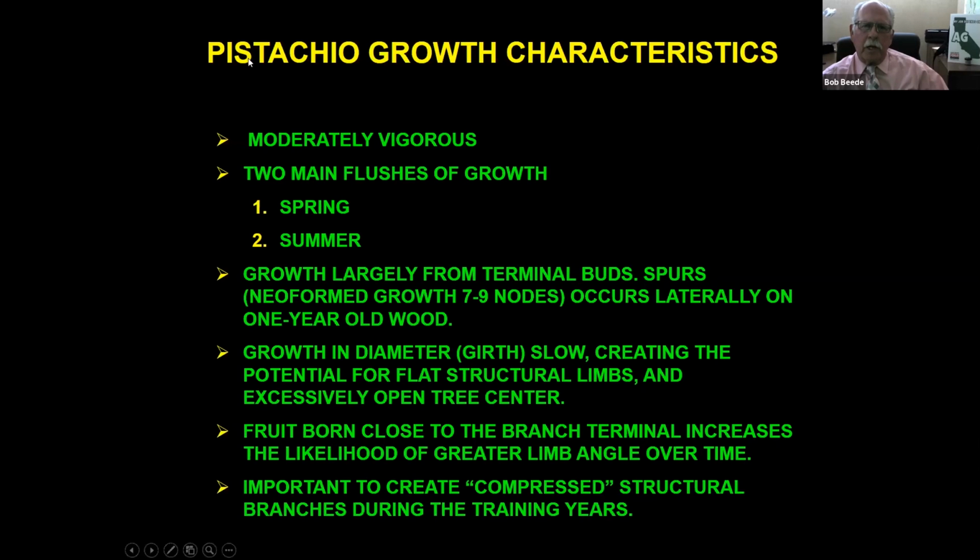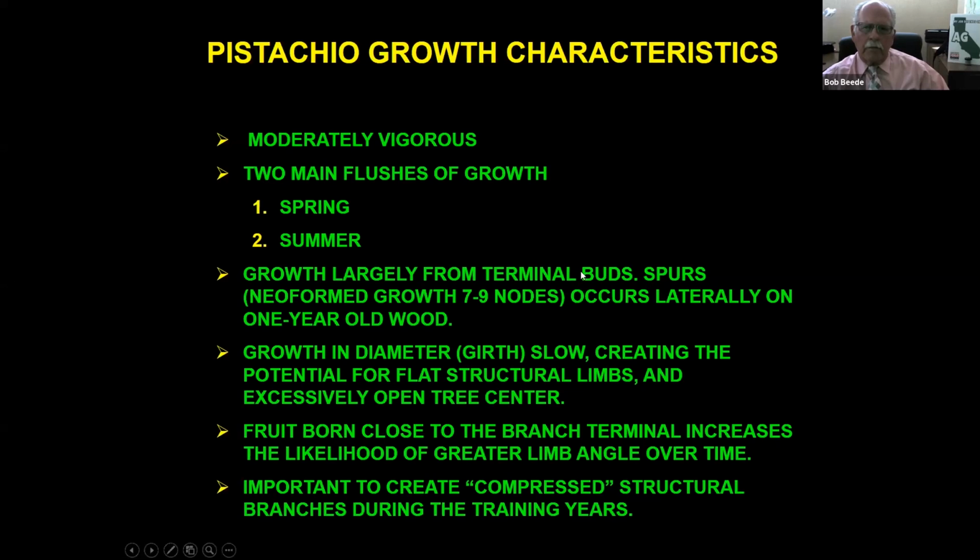So let's look at the pistachio growth characteristics. They're moderately vigorous, and actually the vigor has greatly improved with the interspecific hybrids, with the Platinum and the UCB1 parentage. We've gone a long way from Atlantica, and that allows us some greater opportunities to consider the central leader system. There are two main flushes of growth, one in the spring and one in the summer.